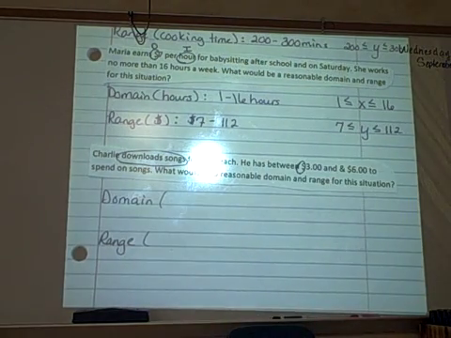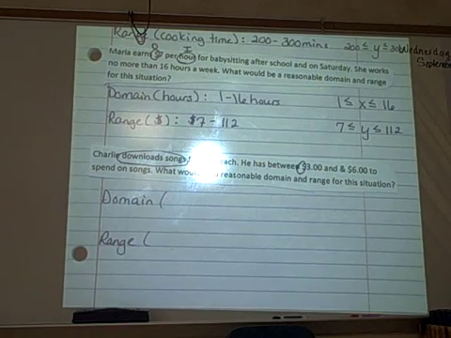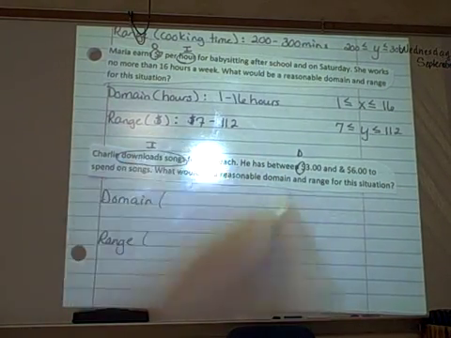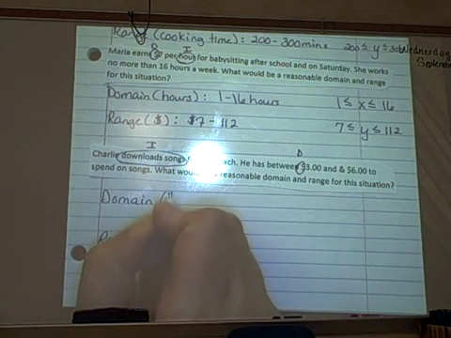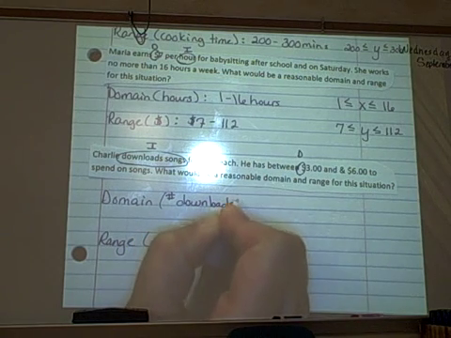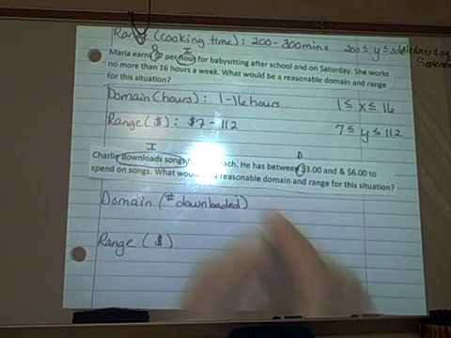Which one is dependent? Which one is independent? Blank depends on blank. How much he spends depends on how many he downloads, right? So money is dependent. Songs downloaded is independent. So this is going to be the number downloaded. And this is going to be how much he spends.